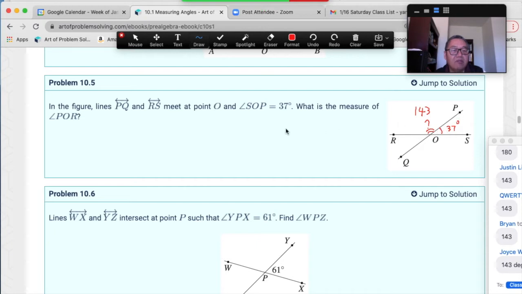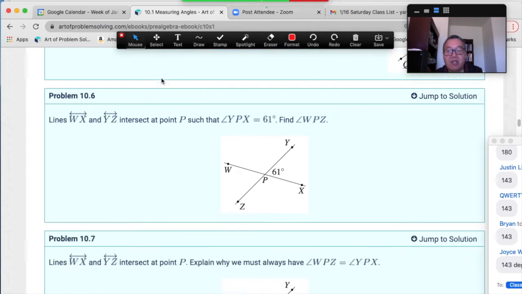That means angle POR equals 180 degrees minus angle SOP. This equals 180 degrees minus 37 degrees, then we get 143 degrees. Okay? That's correct. Very good.